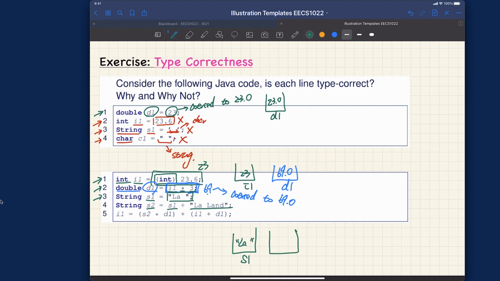Basically, you can see what I'm doing here. Plus is going to do concatenation for both strings. So S2 is going to be "la " and then "la length". Okay, so this is also fine. Okay, so this is okay, okay, okay. This is also okay. What about the final one, I1?